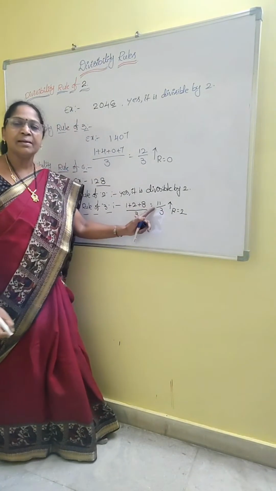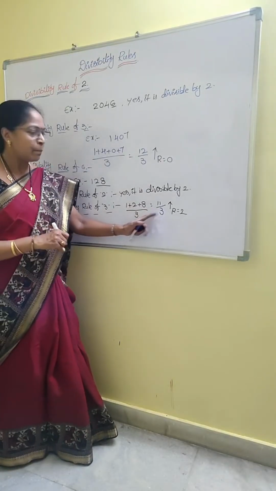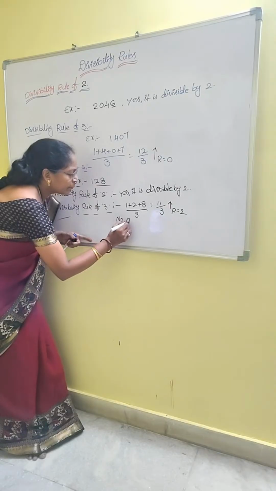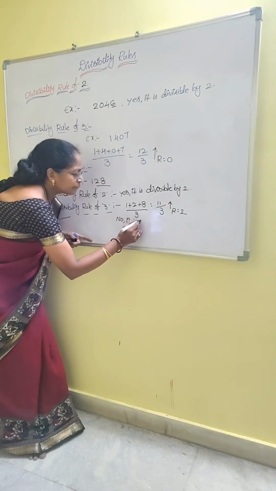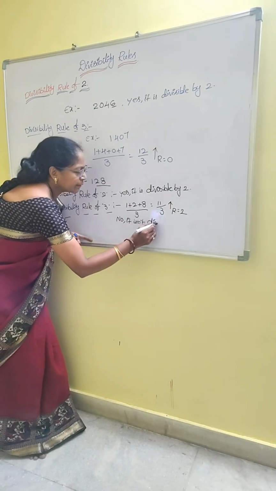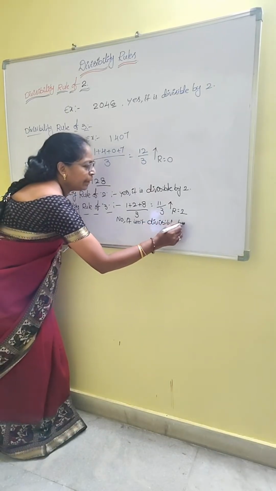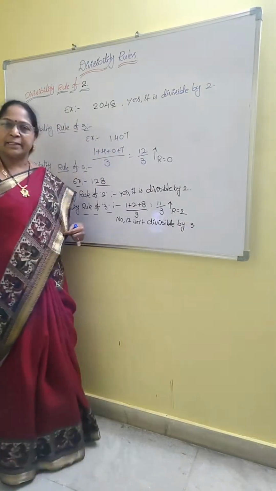That means the given number is not divisible by 3. No, it is not divisible by 3.